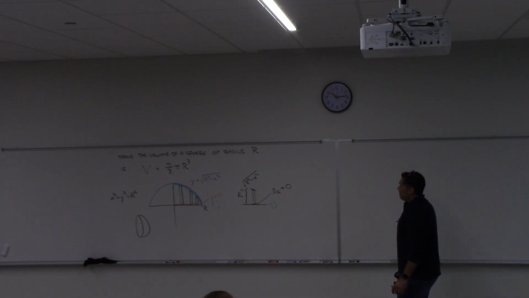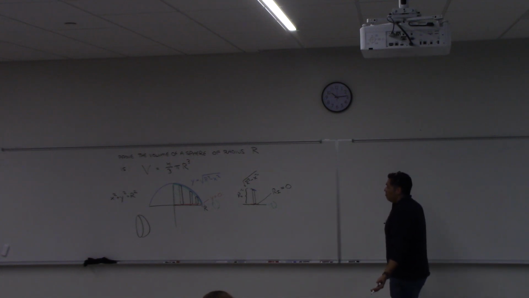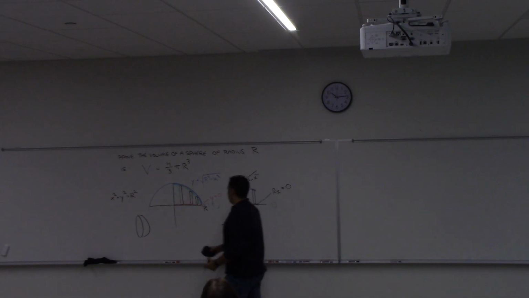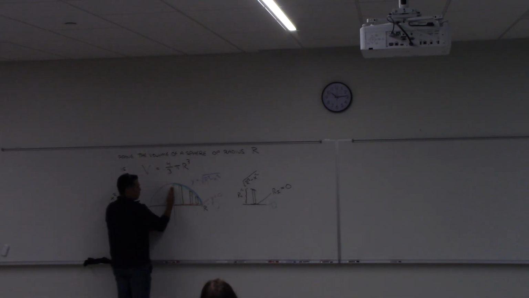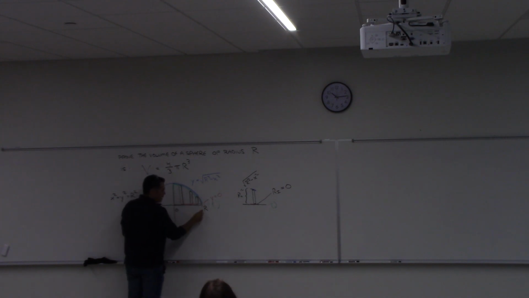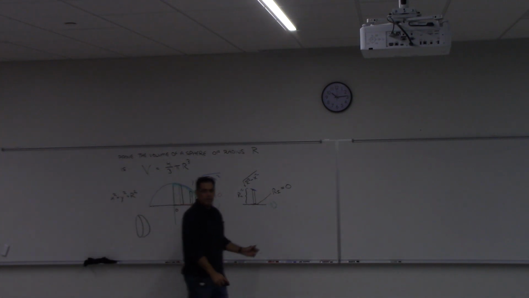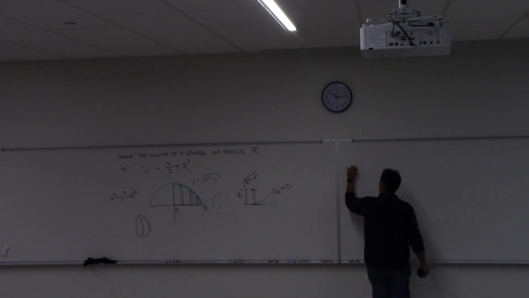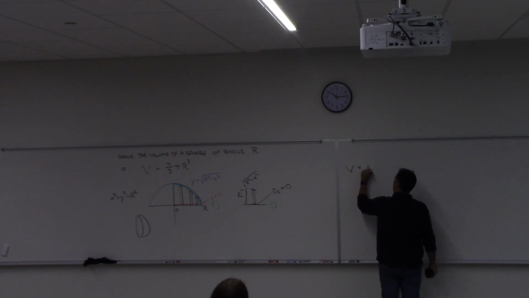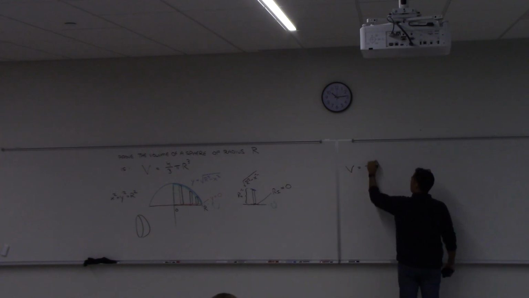Okay, so if that's what we've got, we need to know where we're going to start and stop. Okay, so where are we going to start? We've chosen to start where? 0, and where are we going to stop? Capital R, right? We're going to go from 0 to capital R. I'm doing it. Here we go. The volume of this thing should be pi, why pi? Because the formula involves pi, right?